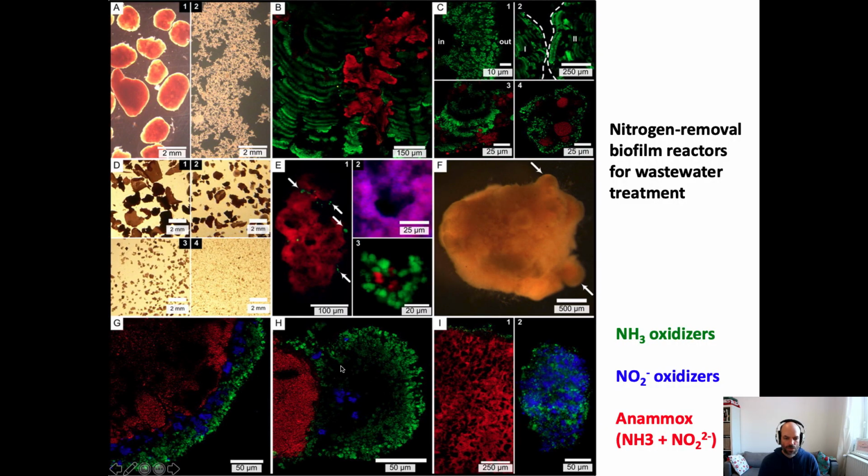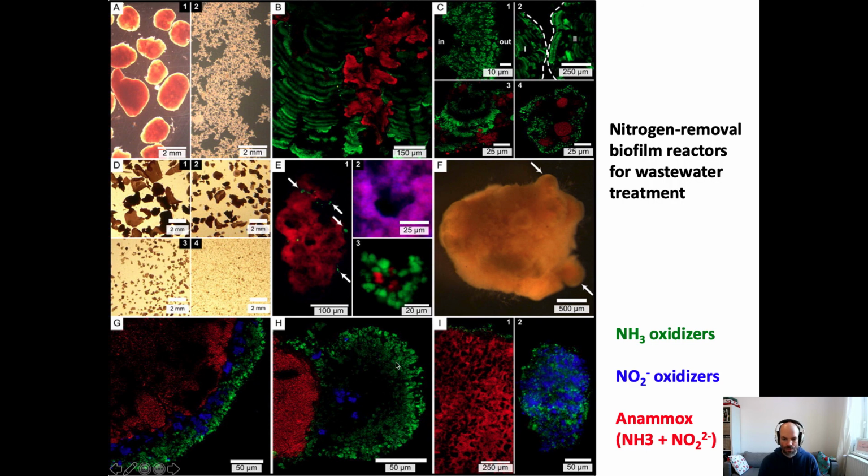So in these microscope images, they have used different probes to light up different kinds of bacteria with different colors. So this panel H is the best one, as well as panel G, where you can see the ammonia oxidizers.